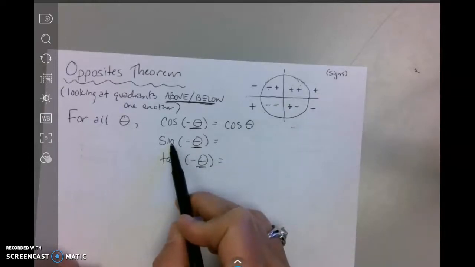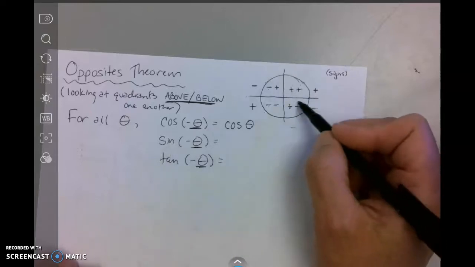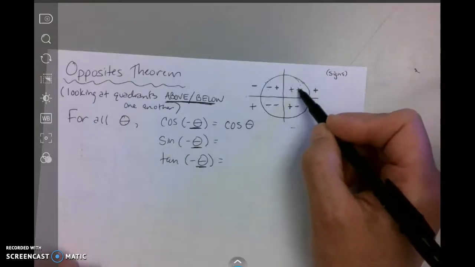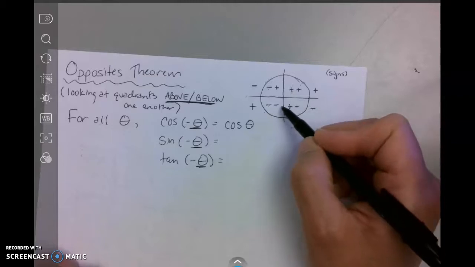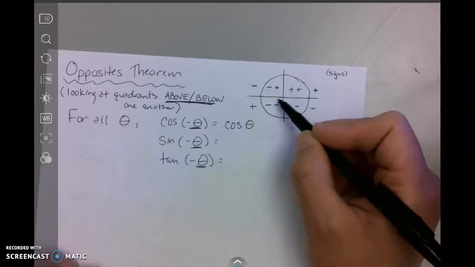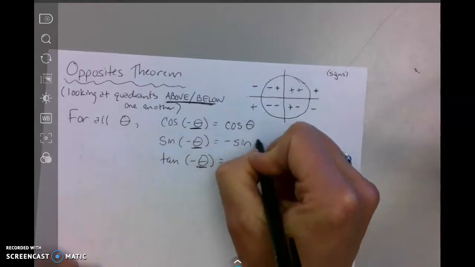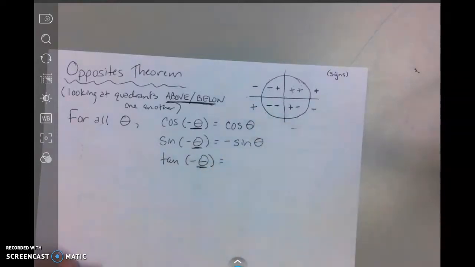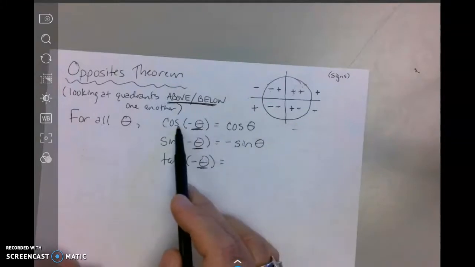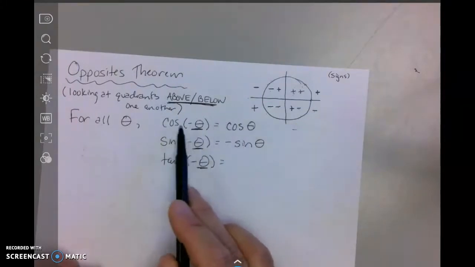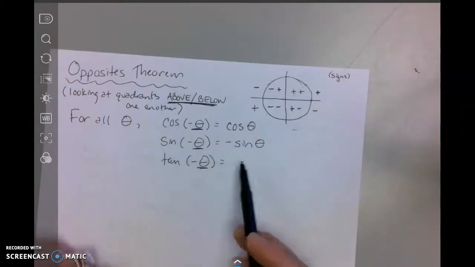Sine is the y coordinate. Above and below, sine is positive and negative. Over here, sine is positive and negative. So it's the opposite of whatever the sine of theta would have been. So cosine stays the same, sine changes.